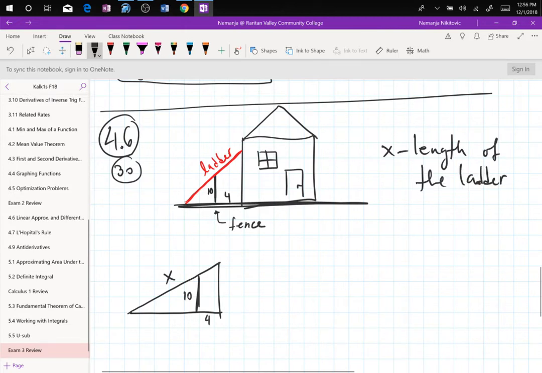I need to label this because I have to set up the problem. I have to start writing some equations.